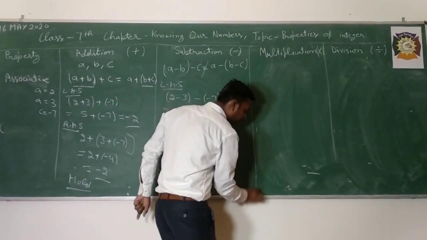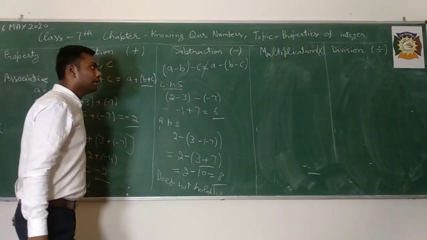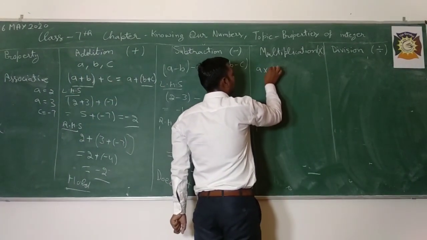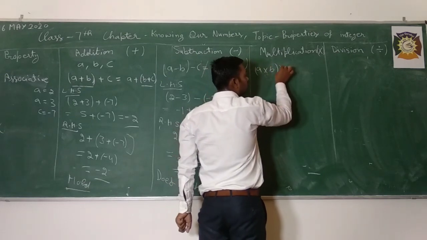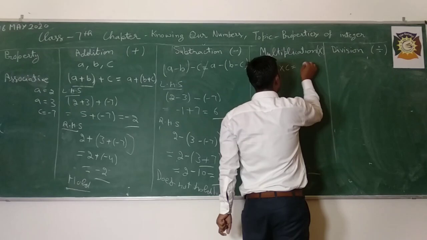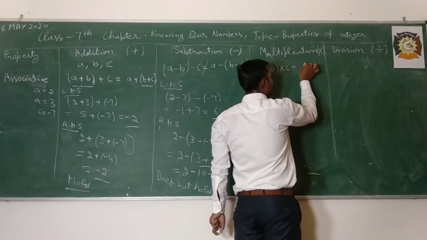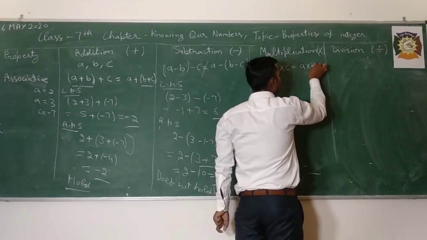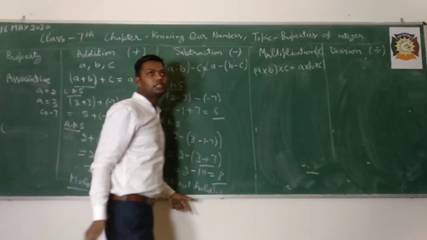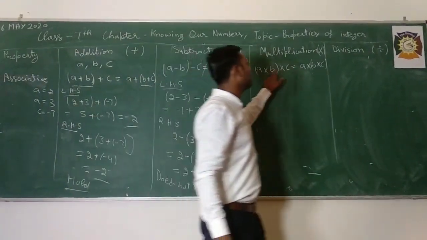Let's try with multiplication. Take any 3 integers and make the group of a cross b, or multiply, with c. If this is equal to a cross b multiply with c, you have to change just their group.